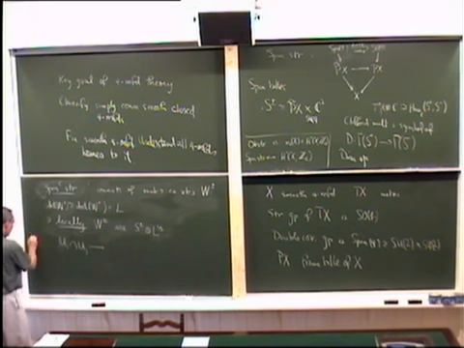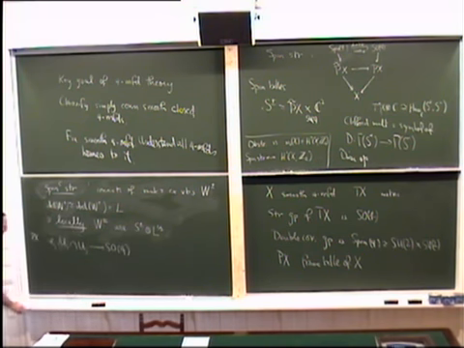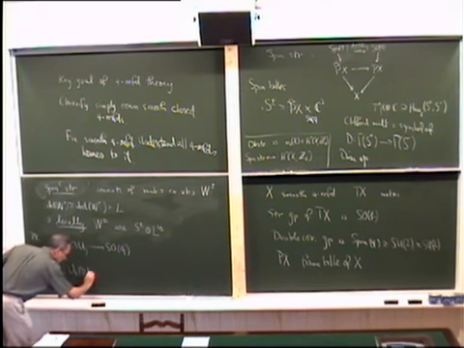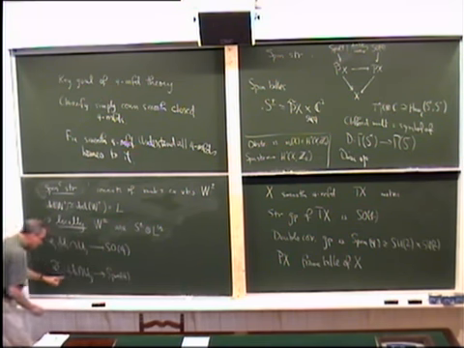And so if P of X is given by transition maps Vij, then you can try to lift them to transition maps Vij tilde to Spin 4, which of course you can do because this is contractible. So this is a fundamental group problem.